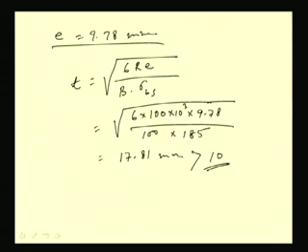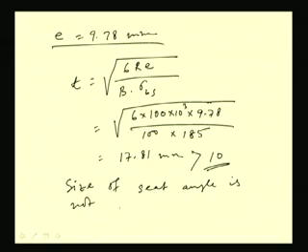That means the size of the seat angle is not sufficient to carry this much load. So what we have to do? We have to again go for redesigning. That means we have to increase the size of the seat angle.